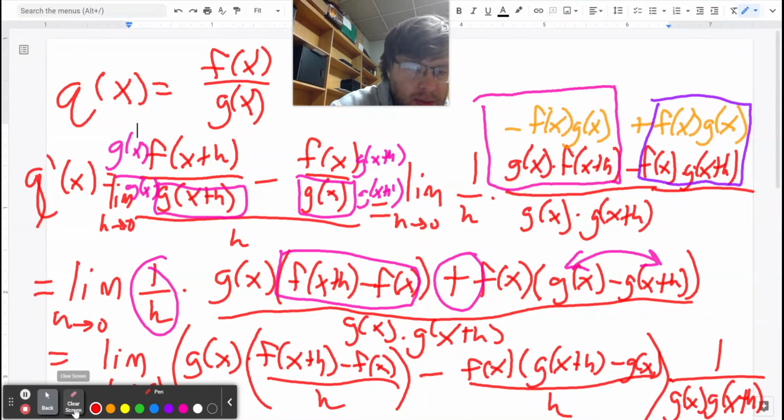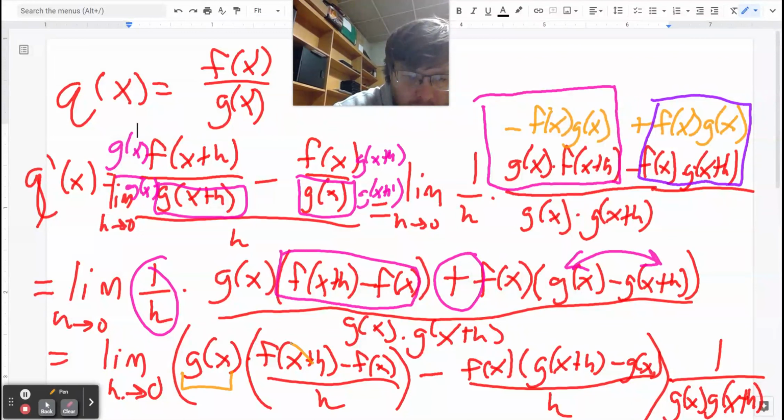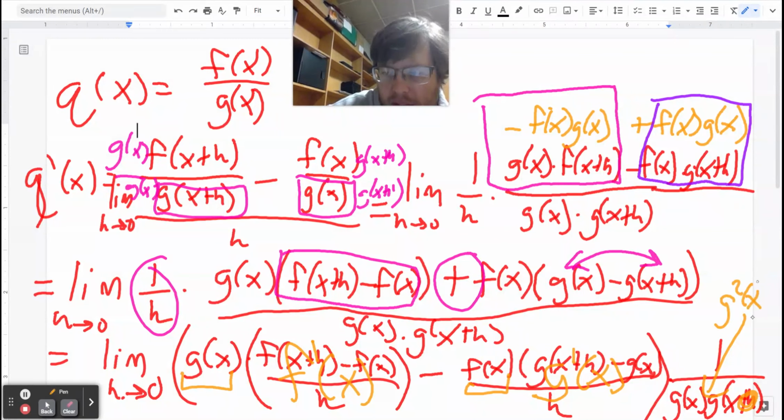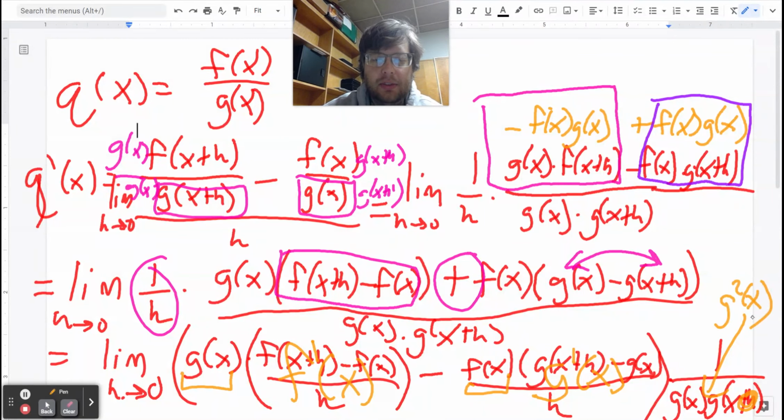And so then what we're able to do is I'm going to kind of write on top of this in orange. So we have g of x times f prime of x minus f of x times g prime of x times 1 over, and if we plug in h equals 0, you can see that the denominator is g of x times g of x, which we call g squared of x.